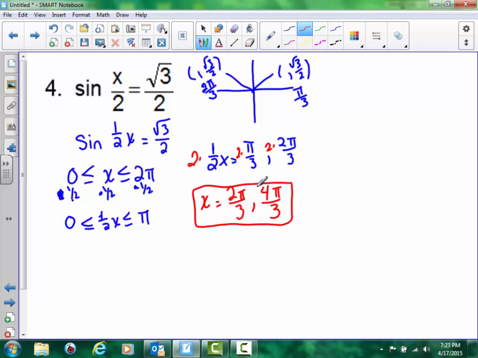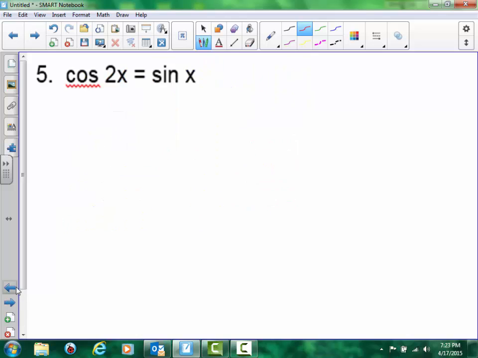All right, we've got one more. Cosine of 2x equals sine x. I think I'm just going to stick with the tried and true, replace with the identity, and I'm going to choose 1 minus 2 sine squared x as the identity. I have two others, but since this is sine, I think that would make the most sense.